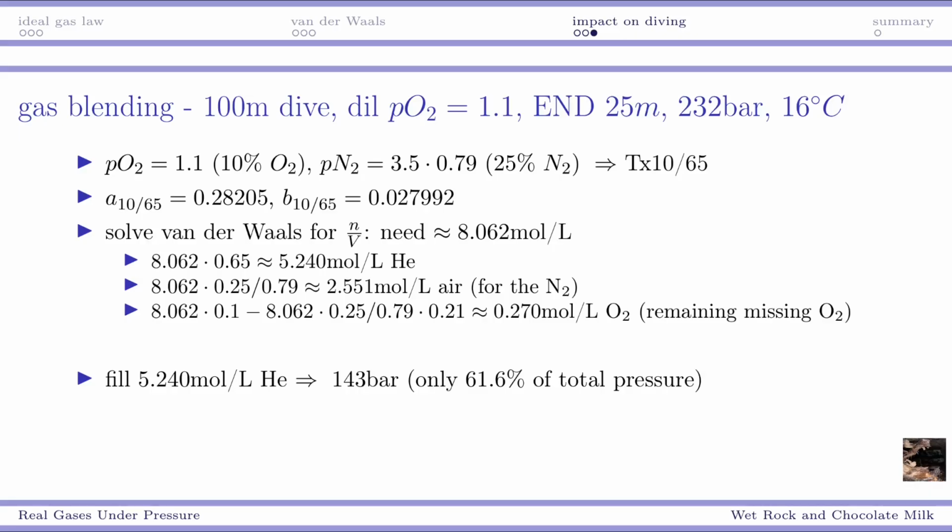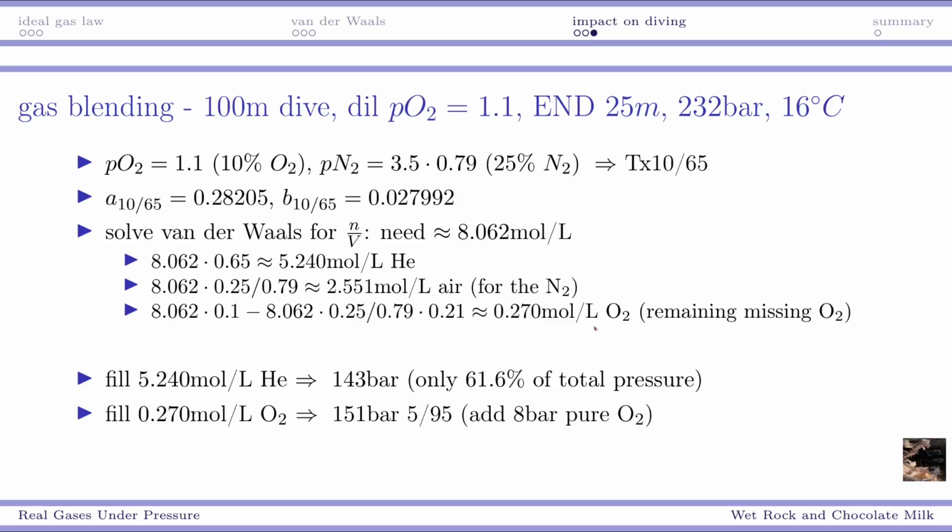All right, but back to the filling. We now have 143 bar of helium in our cylinder, and we want to get to our 1065 fill. Now, easiest is to now put the oxygen in. So we now need to add in 0.270 moles of oxygen.